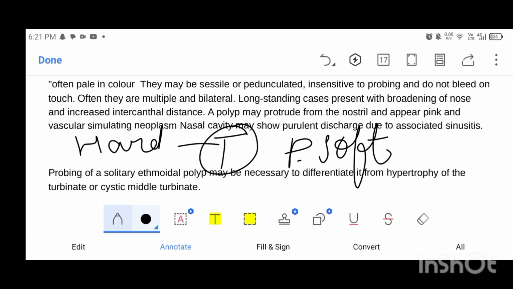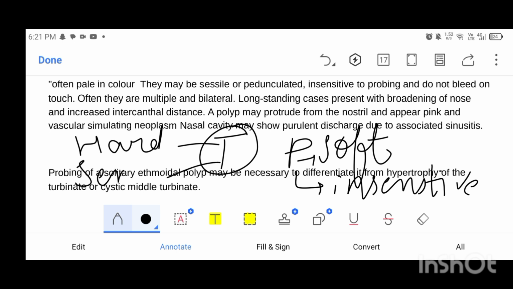Polyp is insensitive to probing, and turbinate is sensitive. A turbinate may also bleed on touch if it is having inflammation, while a polyp doesn't bleed on touch.